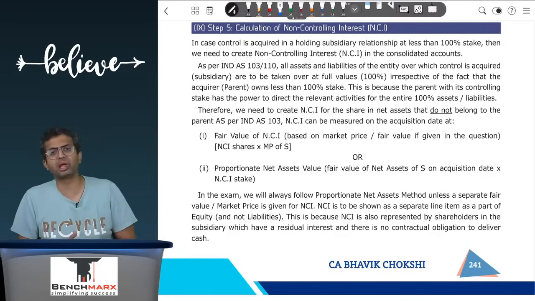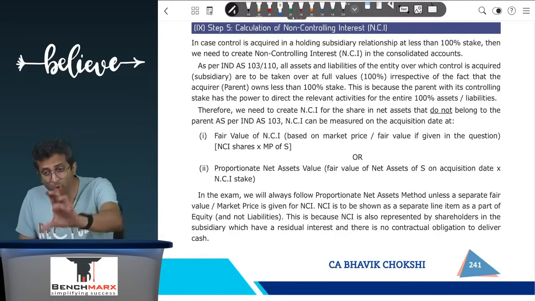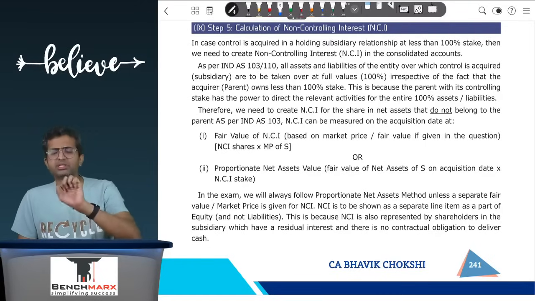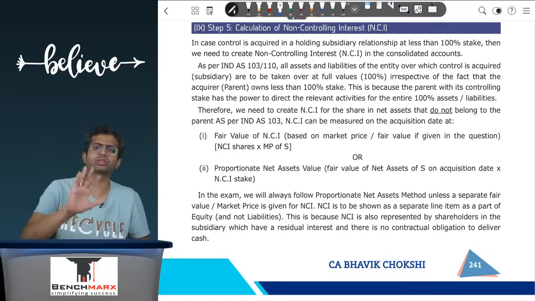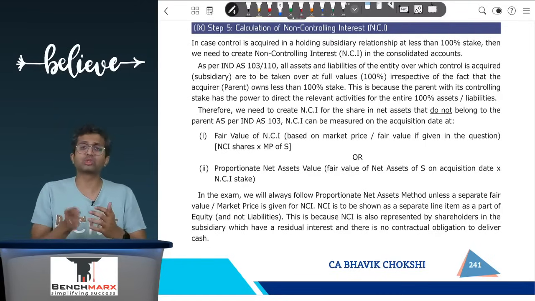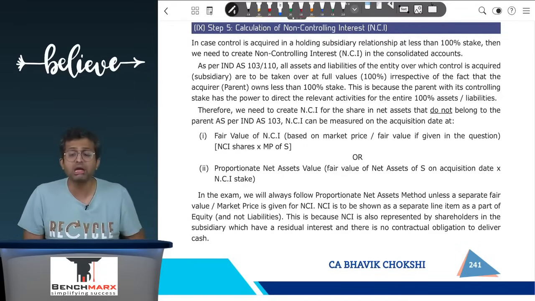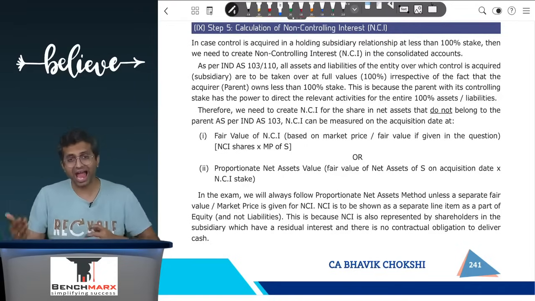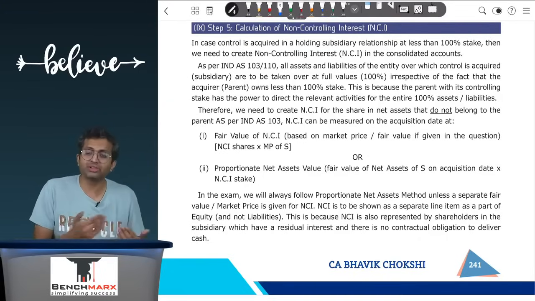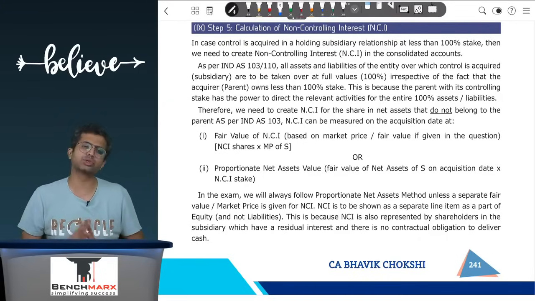I am taking over the assets and liabilities at fair value. So those identifiable assets and liabilities of the subsidiary that are taken over, let's say they are worth 800 crores. So 800 crores into 30% is equal to 240 crores, which is attributable to NCI. So you can measure NCI at NCI's percentage stake of those net assets. So these are the two methods.